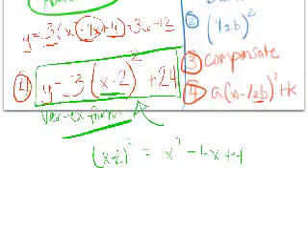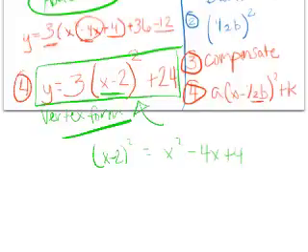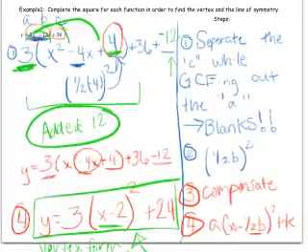If you multiplied that times 3 and combined like terms with the plus 24, you would go back to your original equation. So it's not that we have changed this equation into something different. It's just the same equation written using the vertex form.